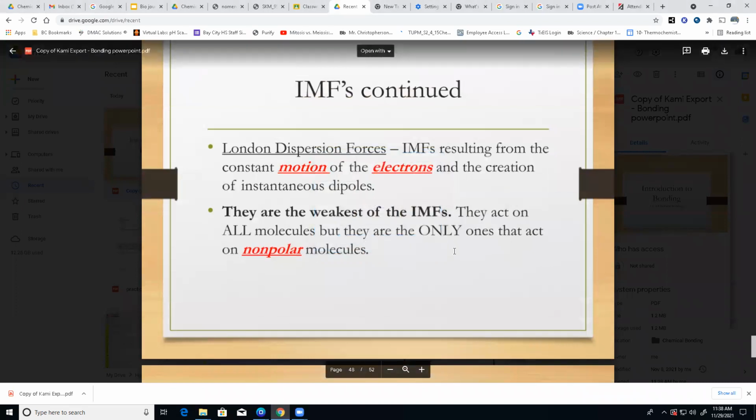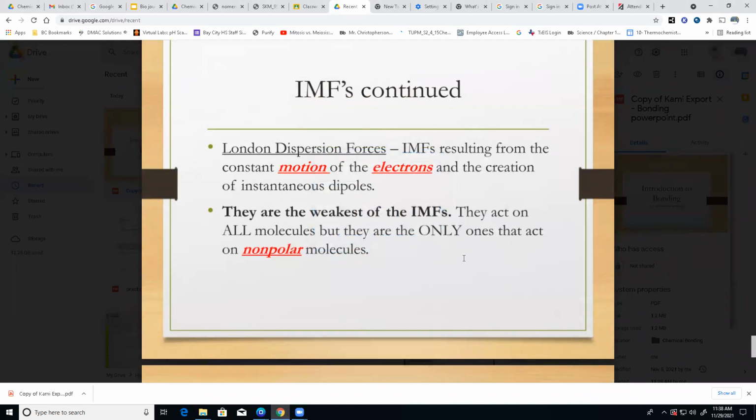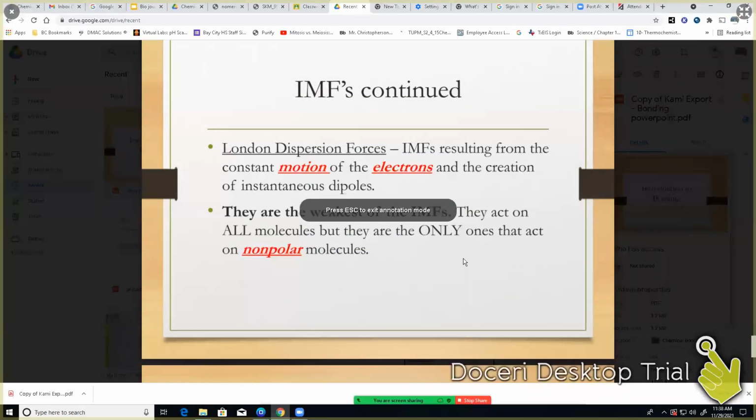All right, and then our last one, our weakest one, is called the London dispersion forces, or sometimes you'll see it as LDFs. And this one results from the constant motion of the electrons and the creation of an instantaneous dipole.